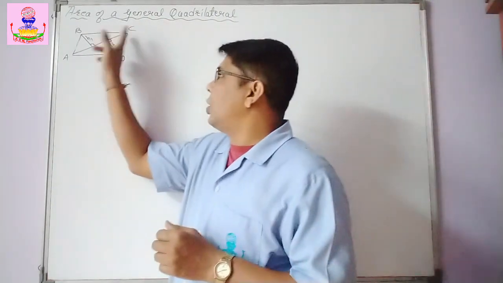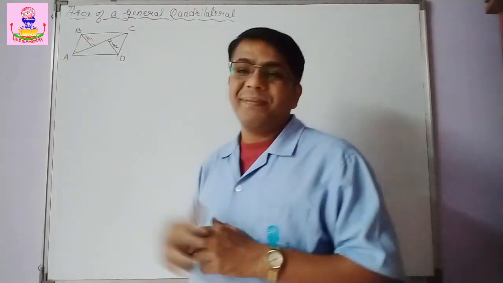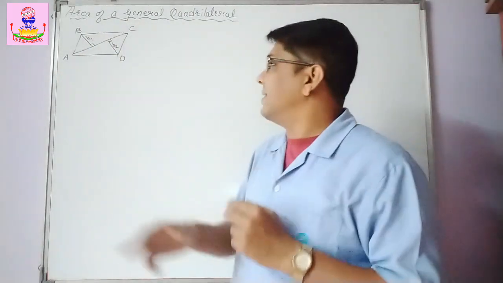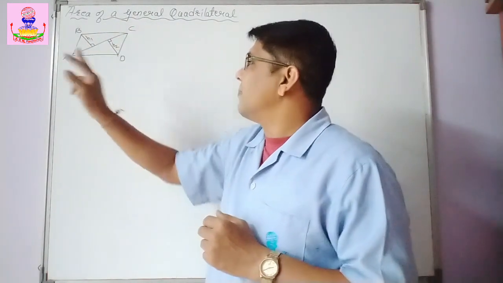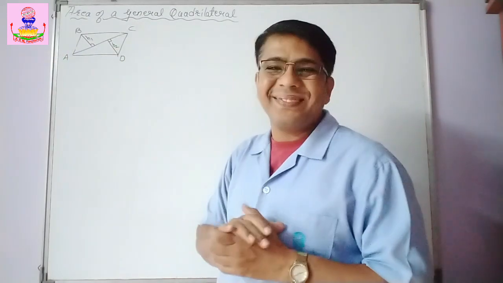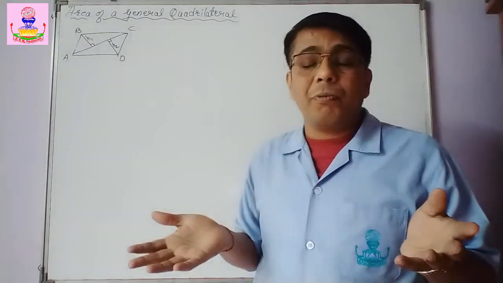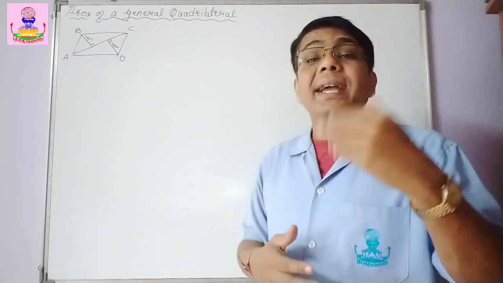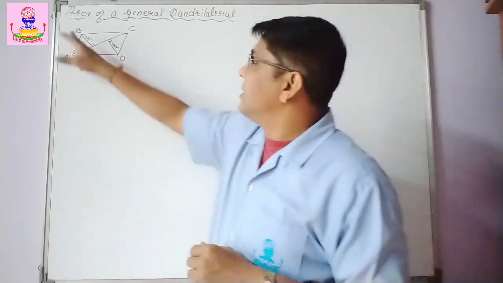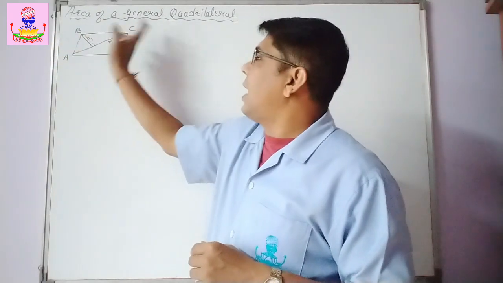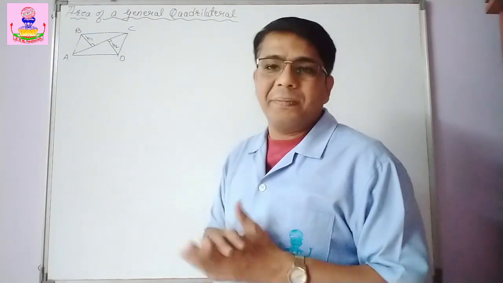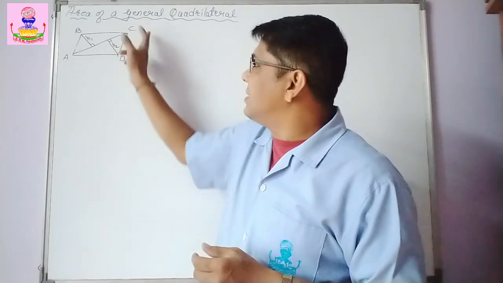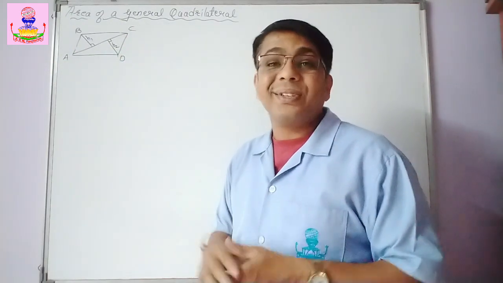What is the triangulation method? To divide that given quadrilateral into triangles. So what we have done here, we have drawn one diagonal AC. So what we got? We got two triangles, triangle ABC and triangle ADC. And we know the formula to find the area of a triangle. What is it? Half base into height. So I can use that. Now here, the height of triangle ABC is H1 and the height of triangle ADC is H2.